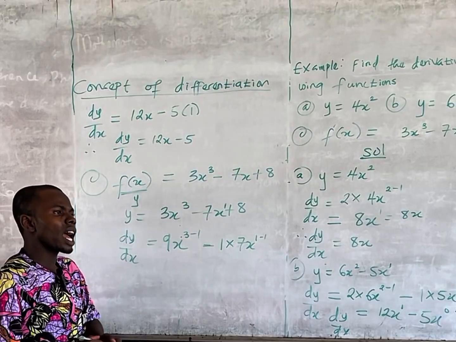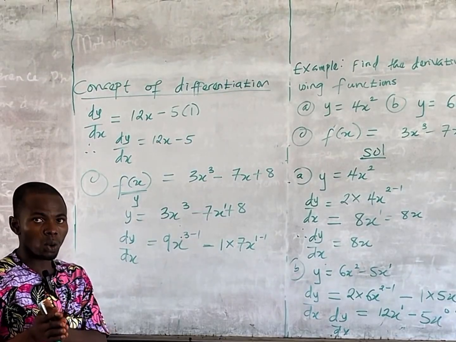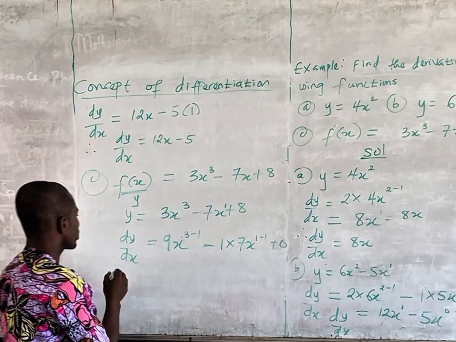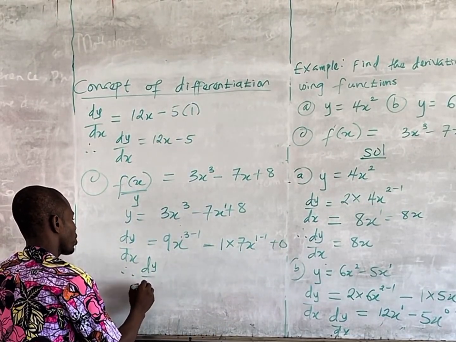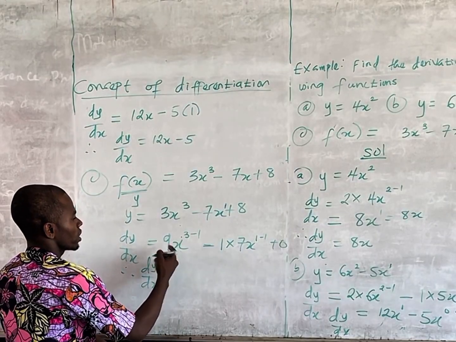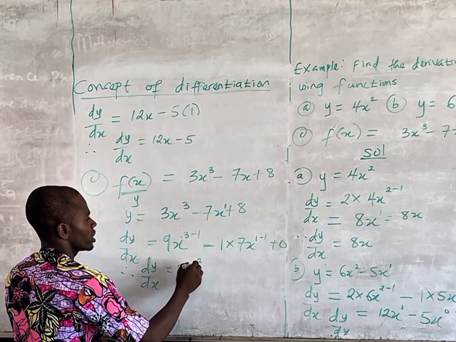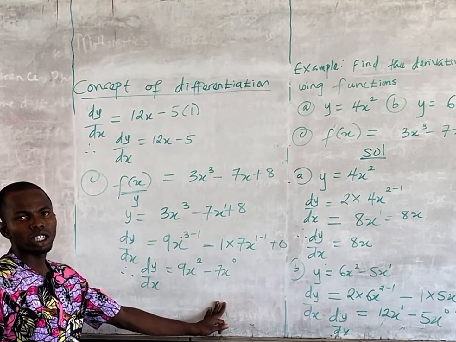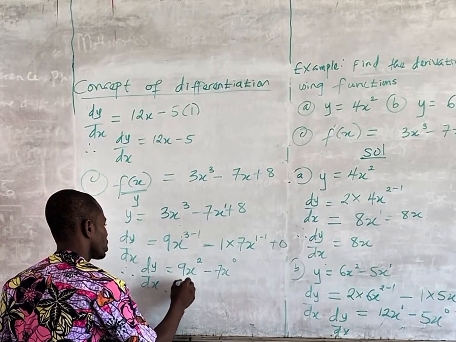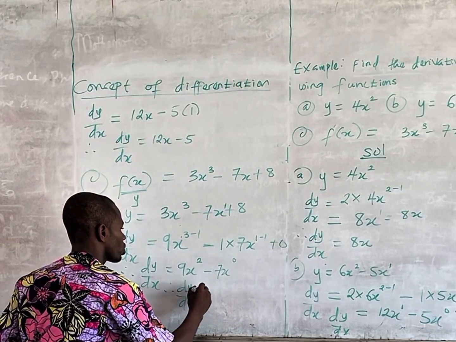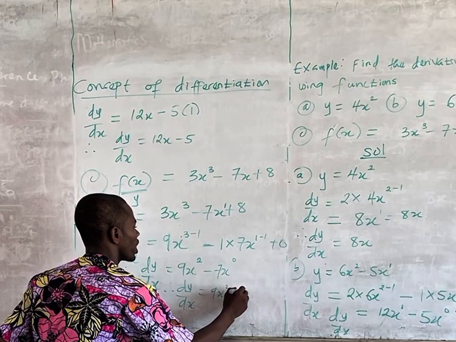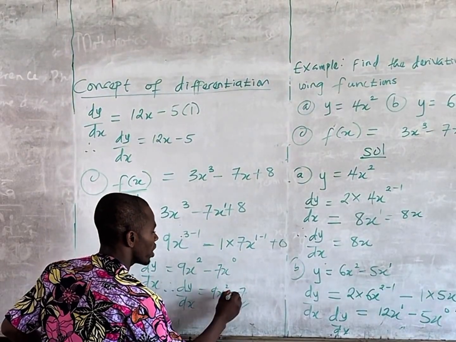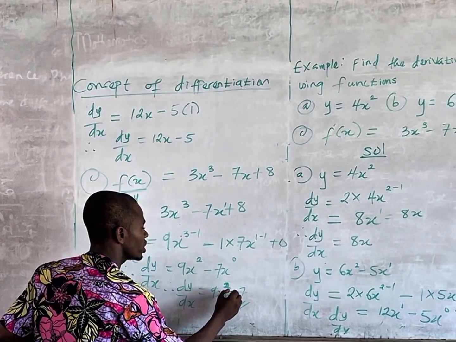Don't forget that the differential of a constant is 0, so 8 becomes 0. So dy over dx will be 9x squared minus 7x raised to the power of 0, and anything raised to the power of 0 is 1. So dy over dx is 9x squared minus 7, because x power 0 is 1 and 7 times 1 is 7.